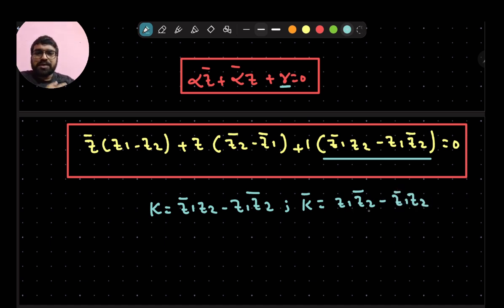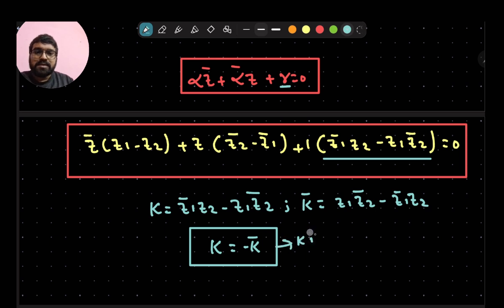So k bar is equal to z1 z2 bar minus z1 bar z2. So definitely k is nothing but minus k bar, because you can simply have this expression, that simply means k is purely imaginary.